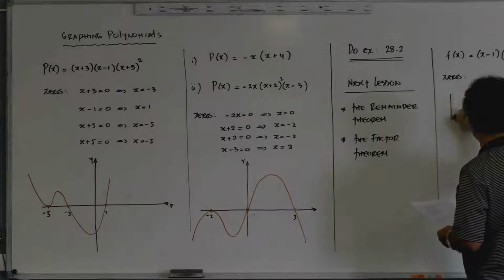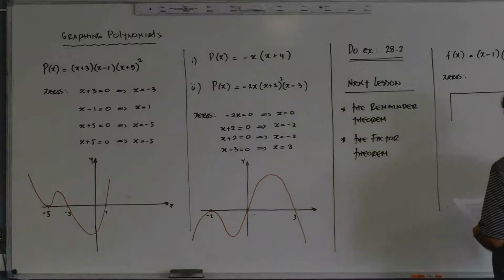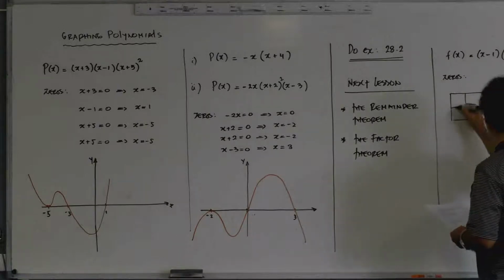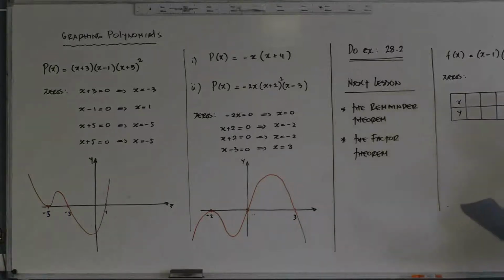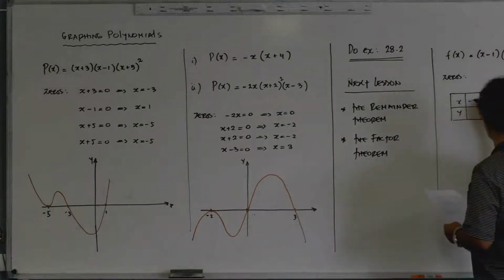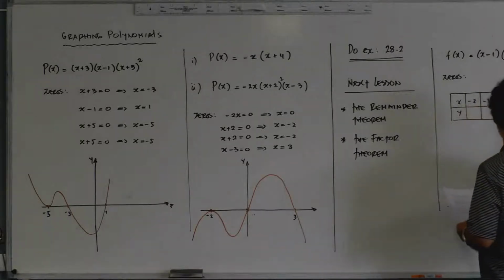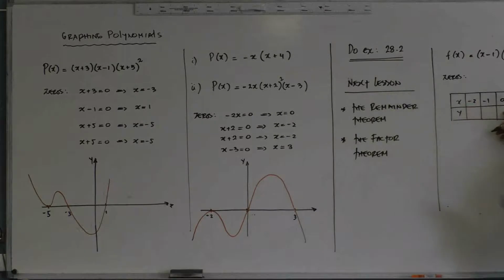So you're going to do a little table of values. Let's say negative 2, negative 1, 0, and 1. And then you're going to have the y values. Together with the information coming from here, obviously you're going to have a more accurate picture.